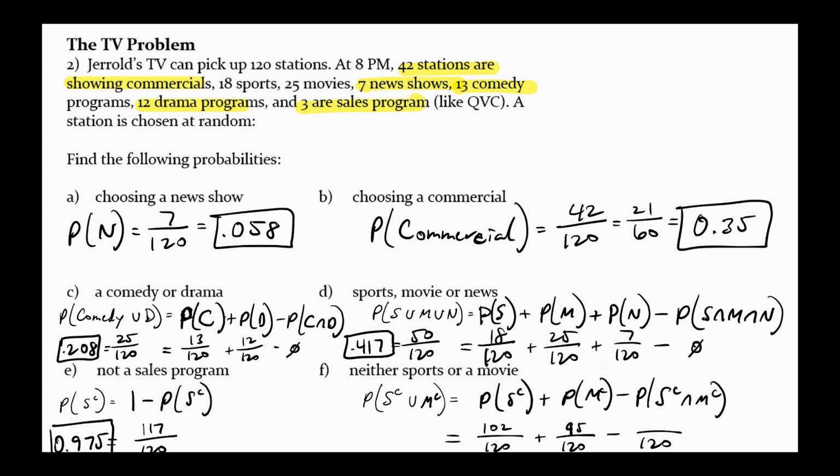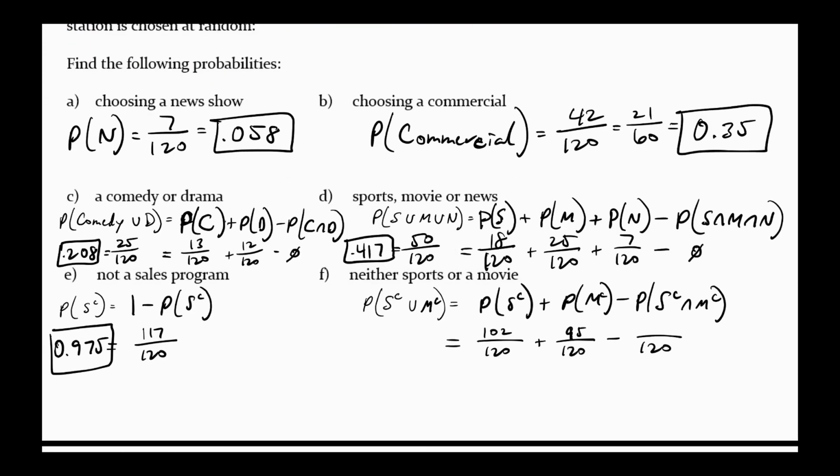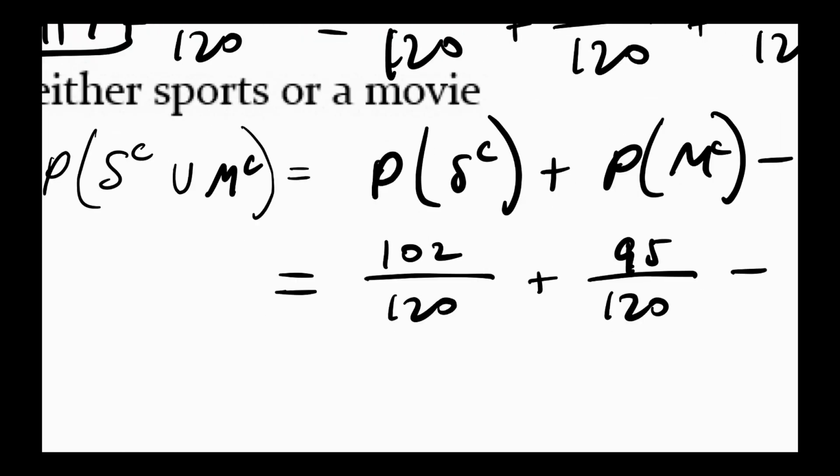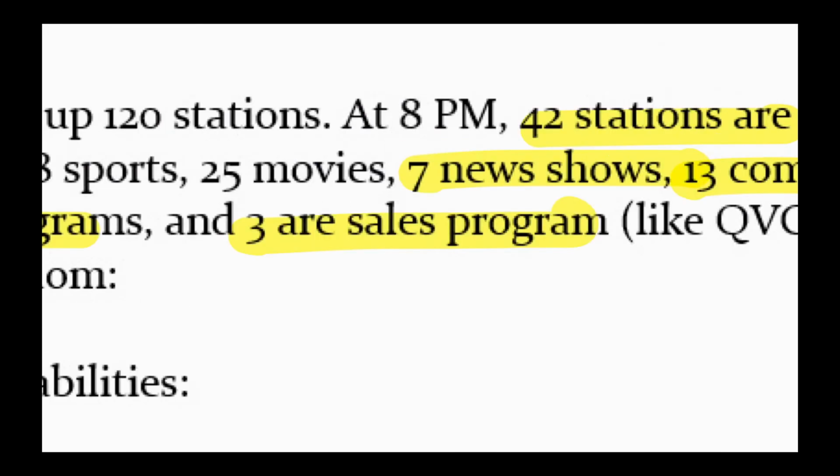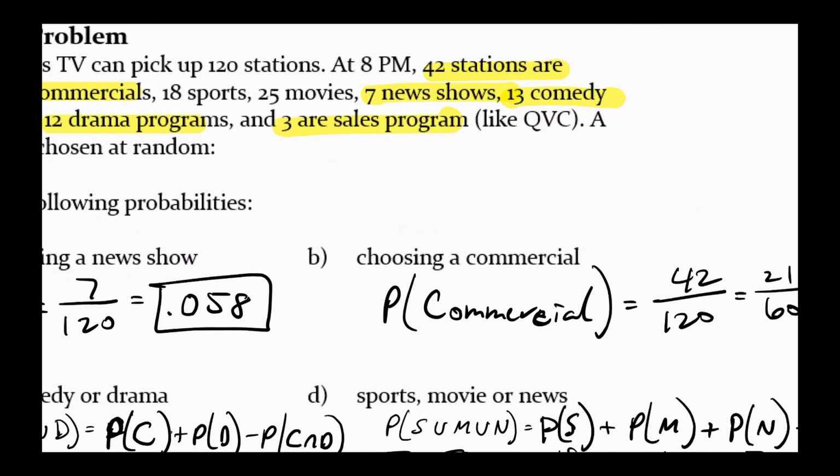I think you're supposed to subtract 43 from 120 at the beginning. So the first number is everything that's not a sports show, that's 102.